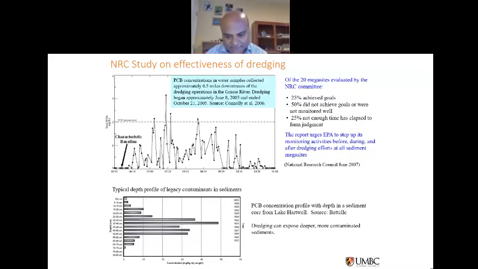And the reason is the figure in the bottom shows profiles of these legacy contaminants, in this case PCBs in Lake Hartwell. If you look at the depth profile, on the y-axis you have different depths in the sediment, the highest concentrations are associated with the time period when polychlorinated biphenyls were released in large quantities back in the 60s or so.